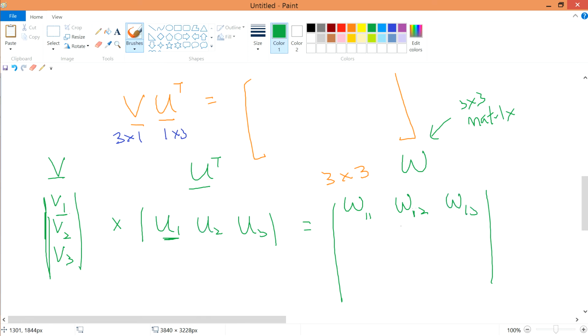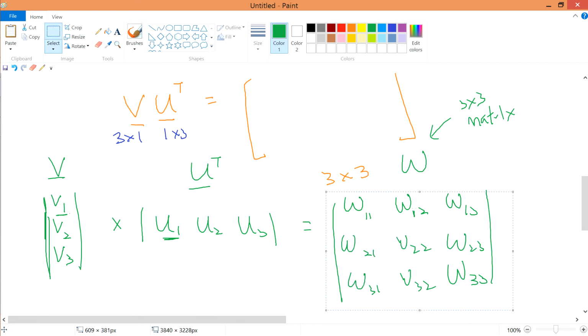And I will assume that you know the outcome for the rest of the vectors. So I will have W33 over here. If I fill it out for simplicity's sake, this is the familiar matrix that you often see. And what this means is that you can take a look at this video.